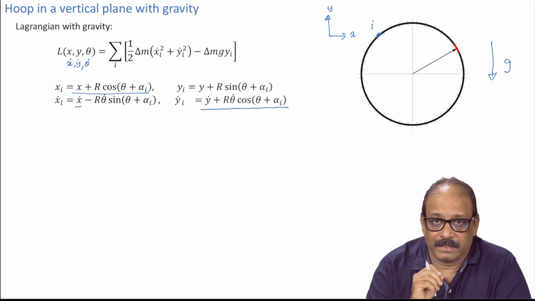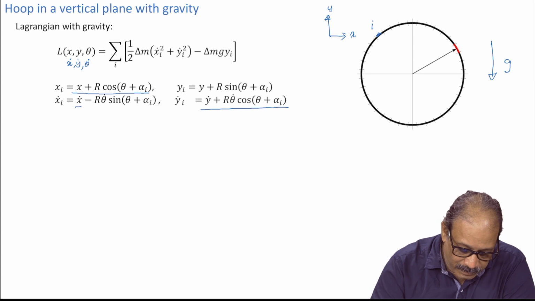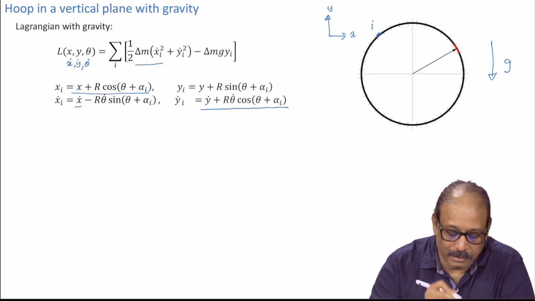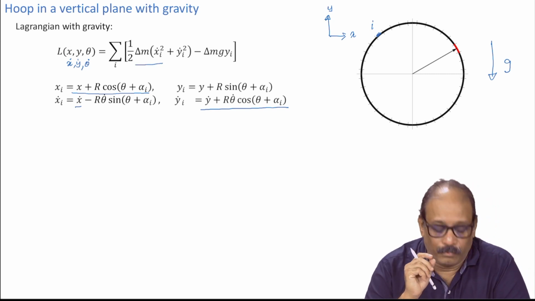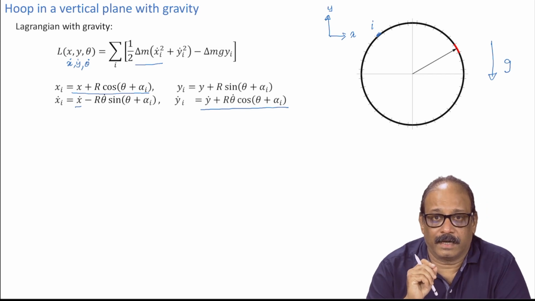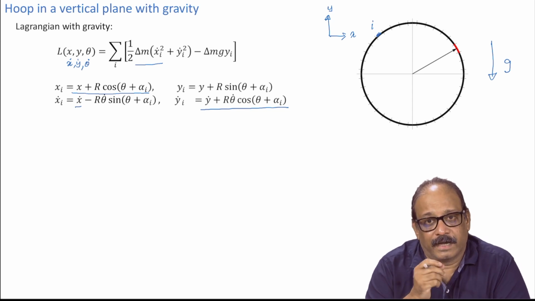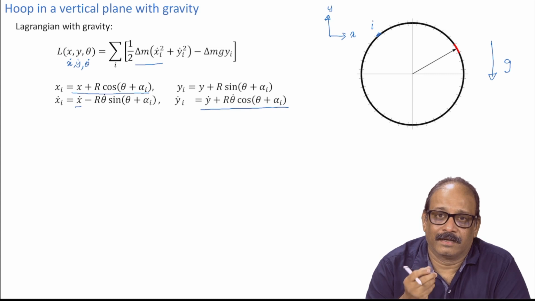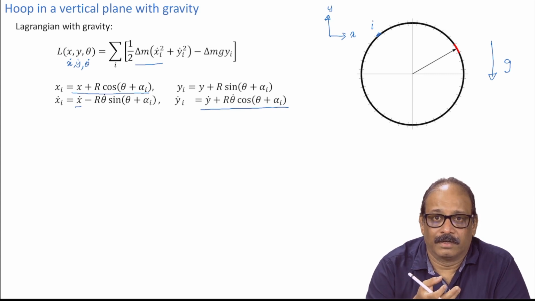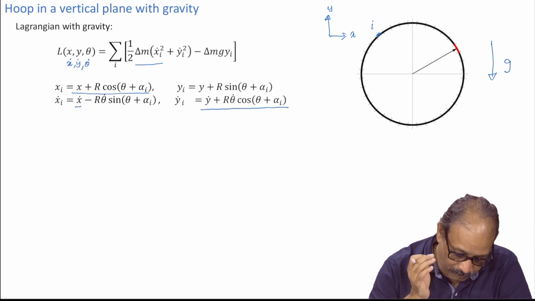So, for each segment, this first term will contribute 1/2 delta m x dot squared, and because it is a constant term summed over n segments, it is n times delta m x dot squared. You can immediately see this will come to half m x dot squared. Fine.